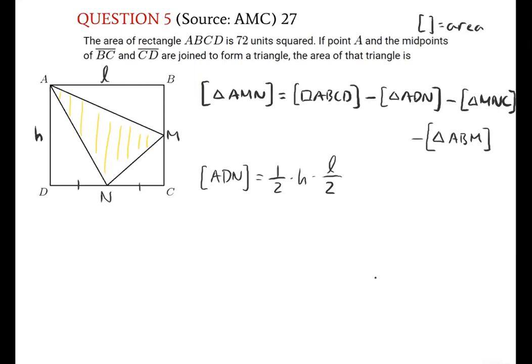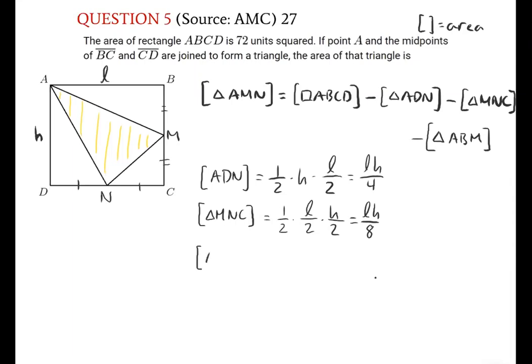This is equal to this, okay? And then let's find the area of MNC. MNC is just equal to 1/2 times L over 2 times H over 2. And that's equal to LH over 8. This one is equal to LH over 4.